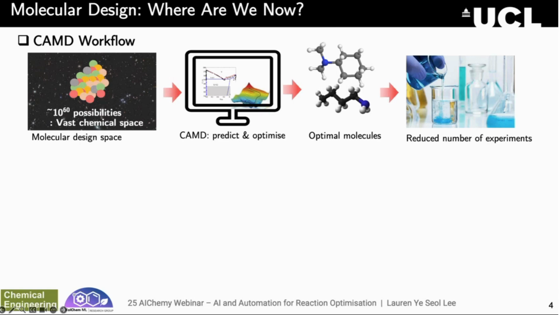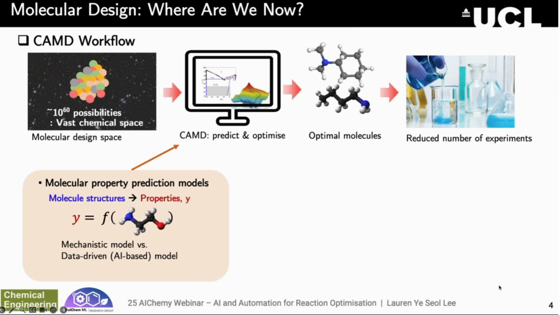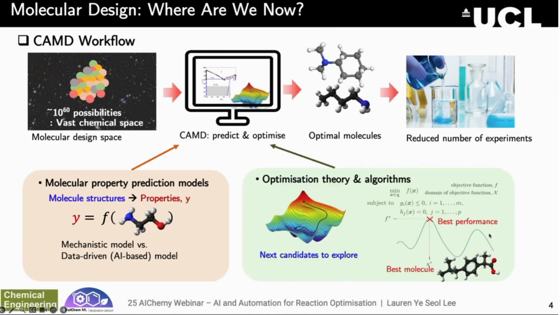And we rely on two core components in the CAMD workflow. First, we build molecular property prediction models that map molecular structure to properties like solubility, kinetics, or binding affinity, to name a few. Those models can be mechanistic or data-driven. And second, we need optimization algorithms, which apply mathematical or AI-based techniques to decide which molecule to evaluate next, and eventually find optimal ones.